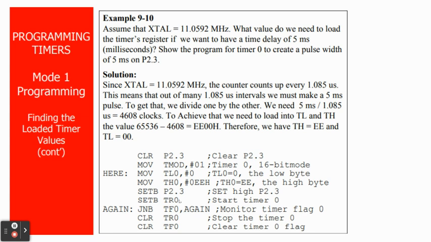Now let's suppose that we are done counting up from 0 to the number which represents the 5 milliseconds, which is EE00. So if we are done timing 5 milliseconds, then automatically the timer flag will become 1, and the clear TR0 and the clear TF0 will be working. And it will stop the timer and it will clear the timer flag.